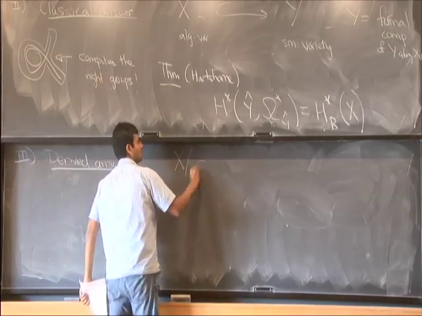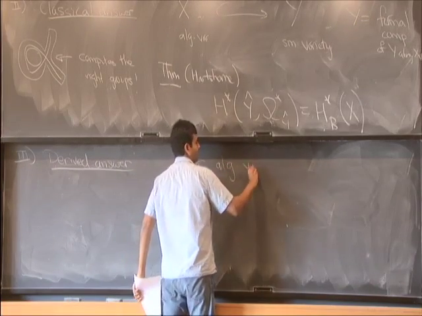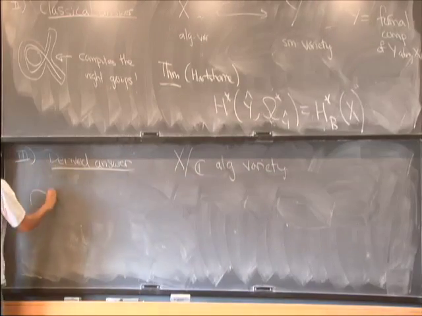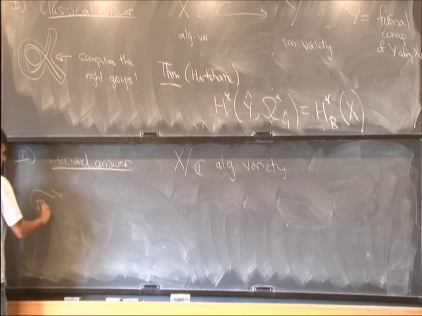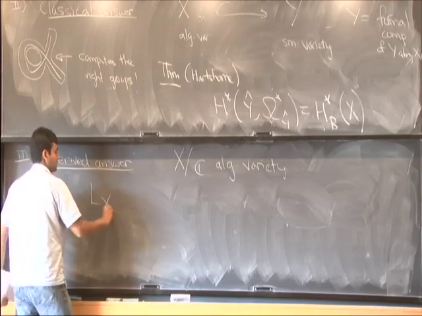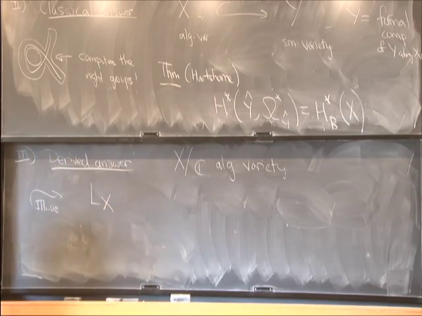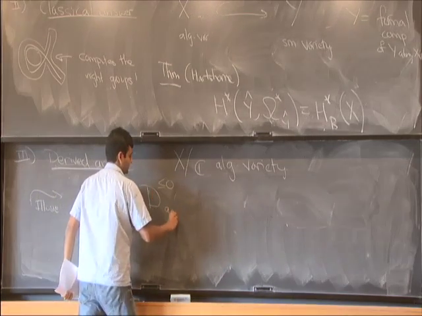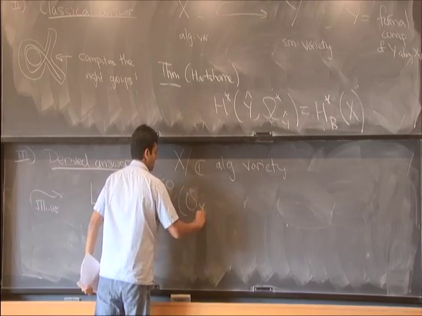So if I give you any algebraic variety X over the complex numbers, there is a construction which is due to Illusie and builds on work of Quillen and André. And it produces a complex of coherent sheaves on X, or quasi-coherent sheaves on X, instead of just a sheaf. And so conceptually, it's best to think of it as living in the quasi-coherent derived category, but you can ignore that.